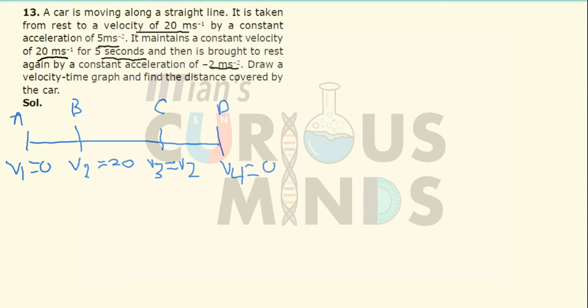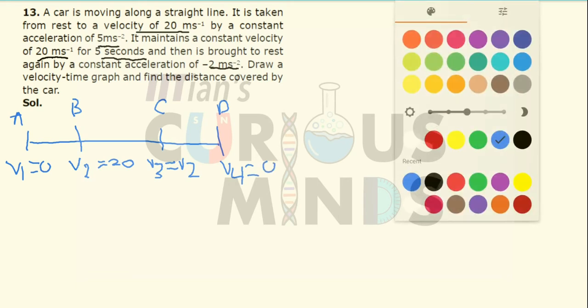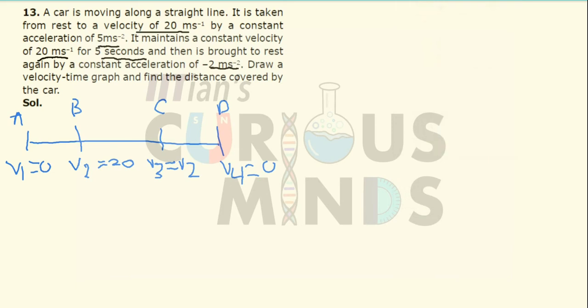The acceleration between A to B is given as a1, which is equal to 5 meters per second squared, and between B to C the acceleration is equal to 0, and between C to D the acceleration a3 will be equal to minus 2 meters per second squared.